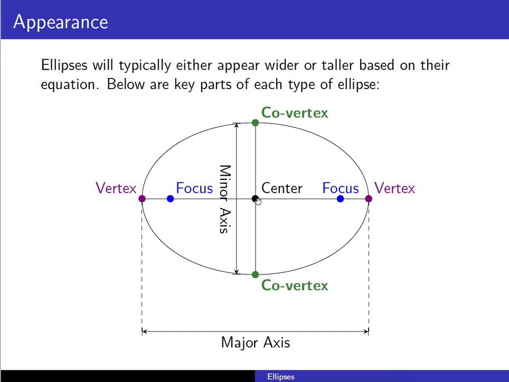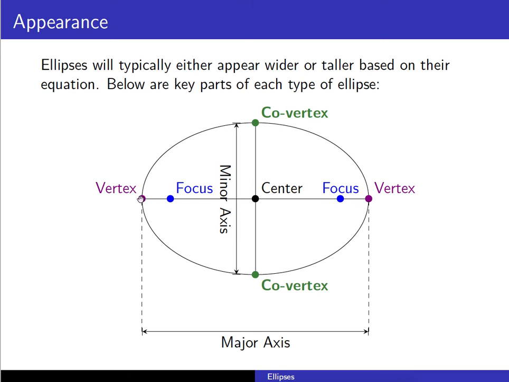We have the center of an ellipse, much like we have the center of a circle. With a circle, the radius is the same in all directions. With an ellipse, it's not the same in all directions. We have the longer radius, which is called the semi-major axis, from the center to a vertex.